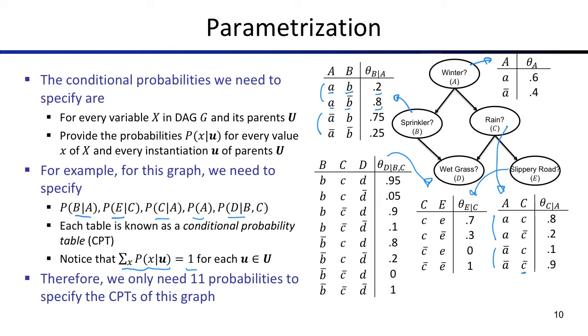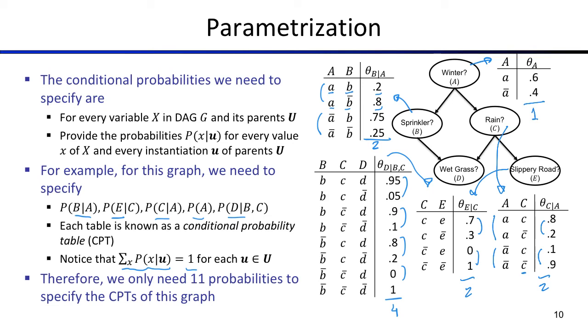Remember that in order to have a distribution, the probabilities must sum to 1, right? But when we look here, the probabilities do not sum to 1. Actually, this one sums to 2, this one sums to 4, this sums to 2, and this one sums to 2. And this is the only one that is a probability distribution because it's not conditioned on anything, so it sums to 1.